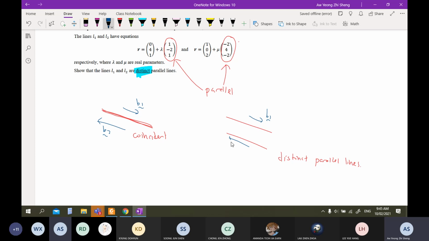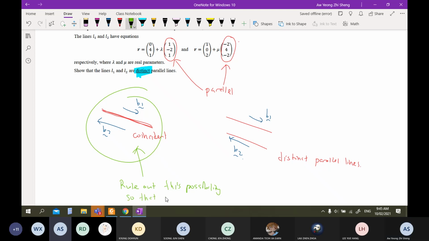B1 this way, B2 the other way. So the next thing is we have to eliminate this possibility. We need to rule out this possibility, so that we can conclude that they are distinct parallel lines.